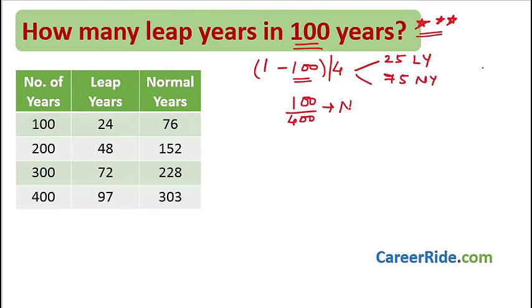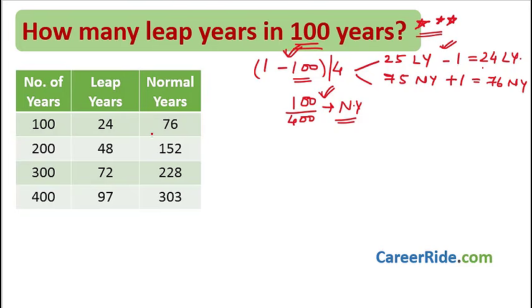So this is a normal year. It means my 100th year is a normal year. It is not a leap year, which means that when I make my calculations here, my normal years increase by 1 and my leap years decrease by 1 because of this 100th year, right? So I actually have 24 leap years and 76 normal years if I consider a period of 100 years.